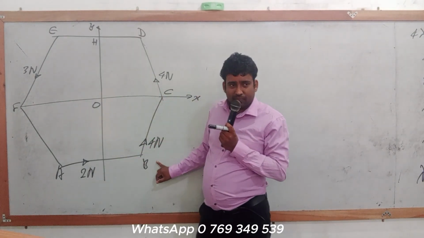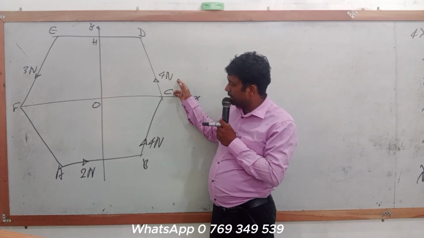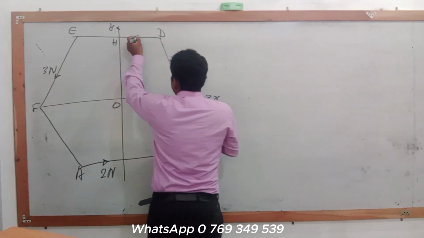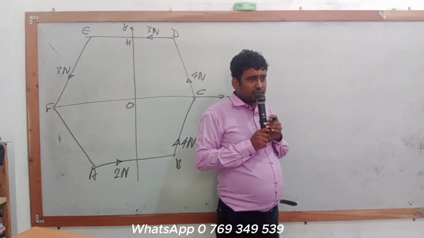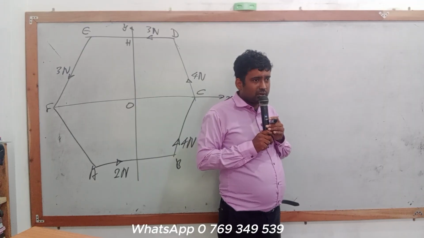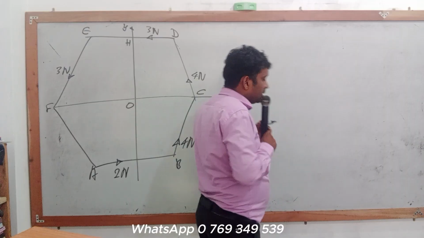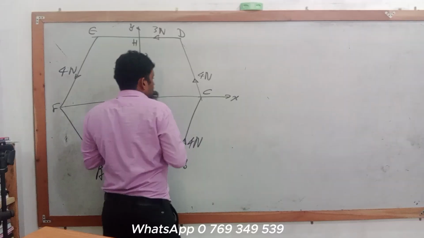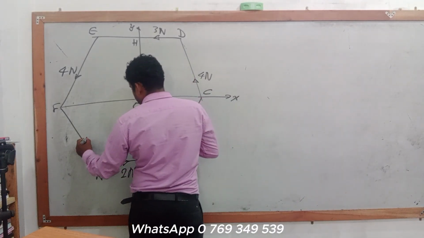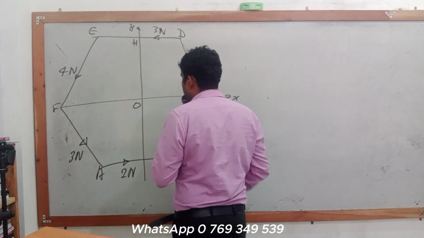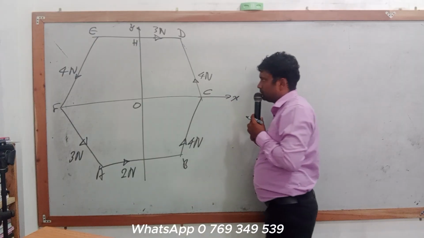AB 2 newton, BC 4 newton, CD 4 newton again, DE 3 newton, EF 4 newton, FA 3 newton, ED 4 newton, sorry, ED 4 newton, right?